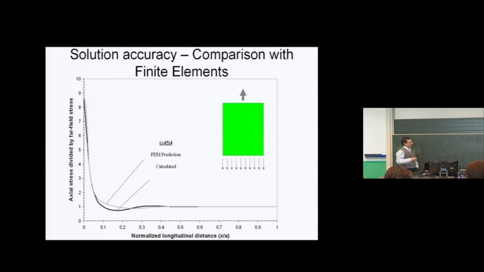So at about 0.4 or so, in fact at 0.3, we are already very close to the far field value. So whatever effect this point load has, it's really significant only within the first 30% of the distance from one edge to the other.